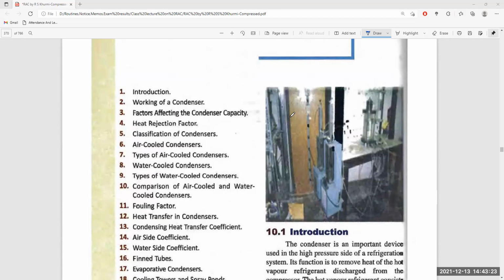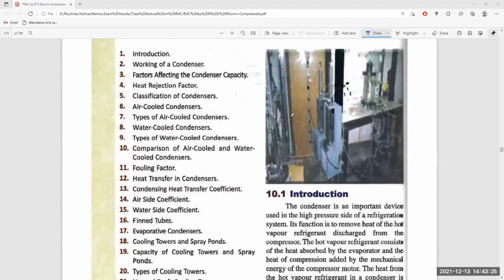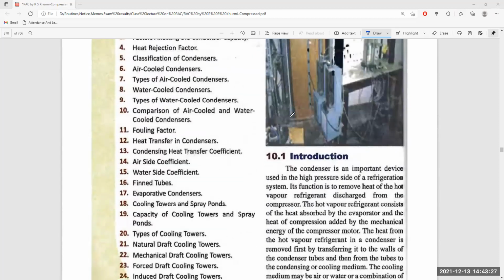Now, first of all, we have discussed a number of times what a condenser is and what its function is. I'm repeating the same thing again. The condenser is an important device used in the high pressure side of a refrigeration system.